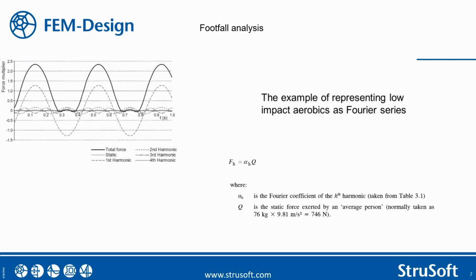On top of this slide, we can see a diagram showing harmonics of Fourier series for low impact aerobics with 4 harmonics, plus a static force corresponding to the weight of a person and the total force value. Notice that the amplitude of each subsequent harmonic is lower.